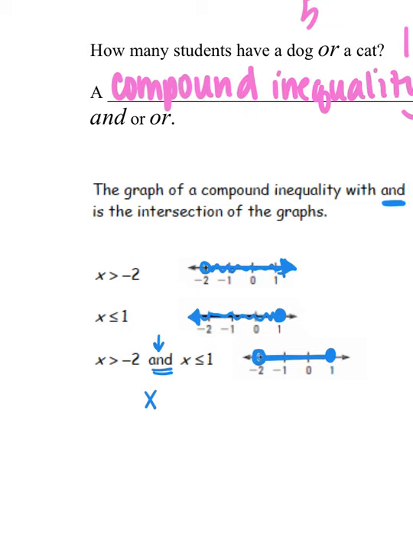X is in the middle. -2 is less than x, and x is less than or equal to 1. So sometimes our inequality would look like that. Now, if it looks like that, no big deal. We can separate it into two separate inequalities.